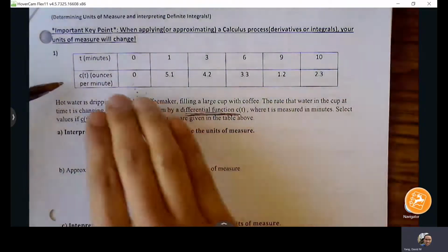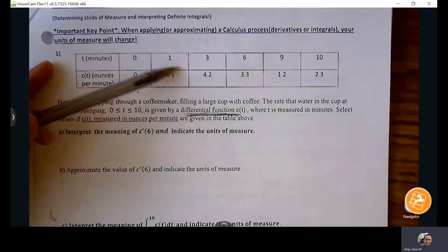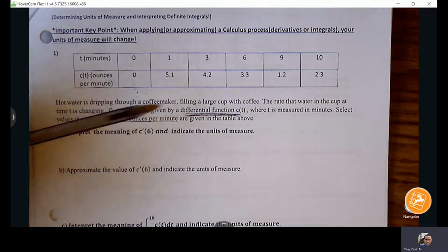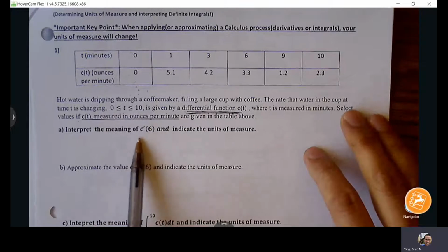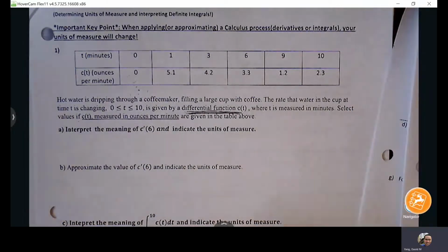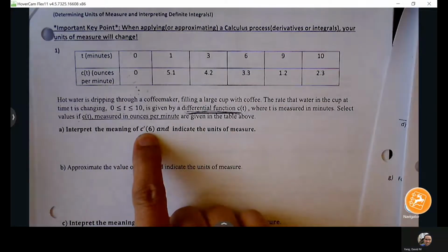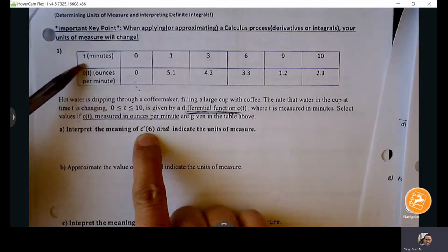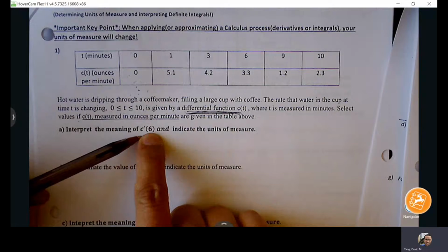Okay, so understand that what's given to you is a rate already, right? This isn't, there's 5.1 ounces of coffee in the cup. This is how much is coming out per minute. Okay, so part A says, interpret the meaning of C prime of 6 and indicate the units of measure. Now, C prime is the derivative of C. What's the unit of measure going to be?